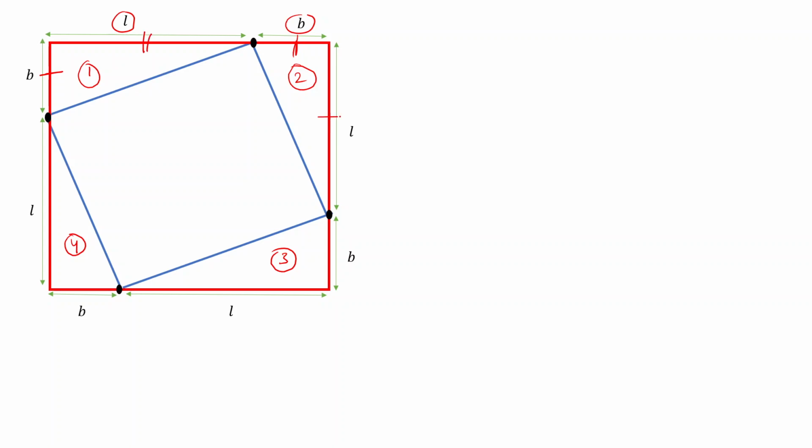This length and this length are also the same. And the angle between these two lengths is 90 degrees. So I'm not doing ASS, which is not a criterion for congruency. I am doing SAS, which is a criterion for congruency, and there can be proofs for this also, which you can think about.